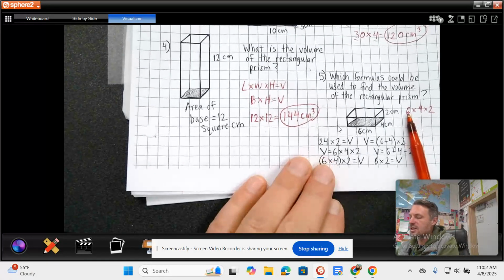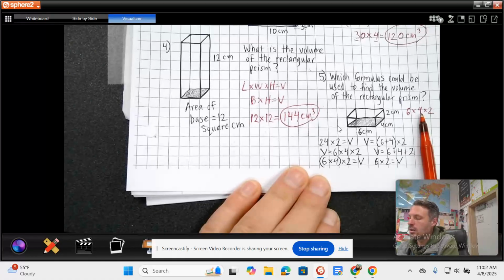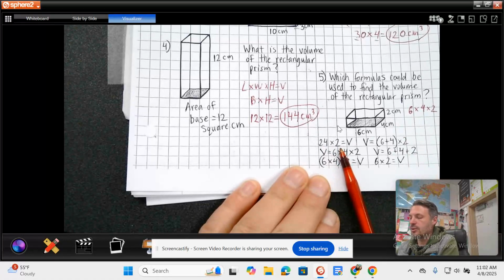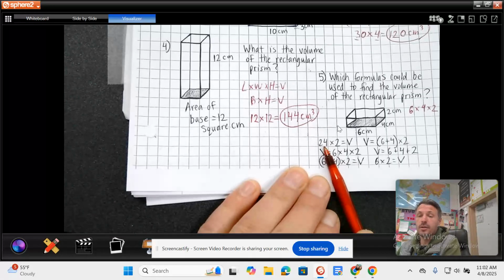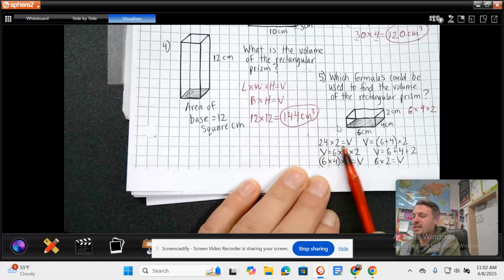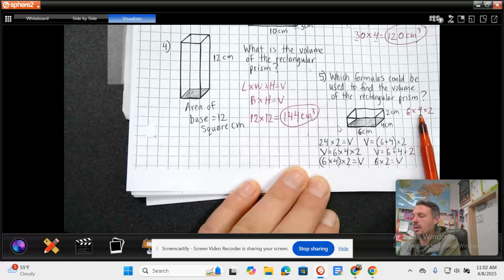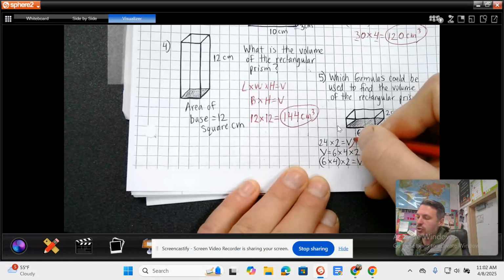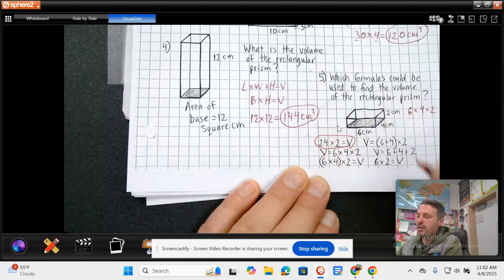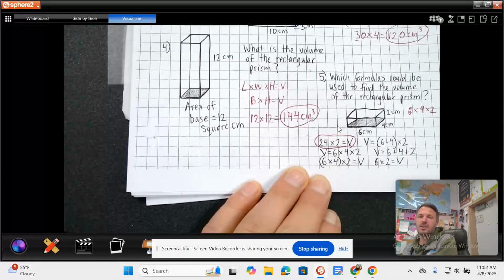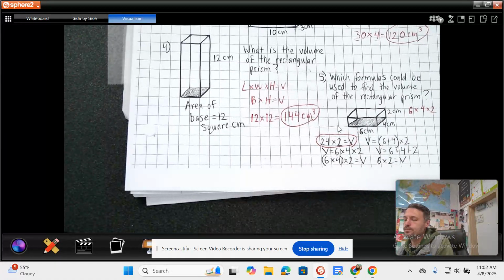Well, we know 6 times 4 is 24. And this one says 24 times 2. So would that give us the same answer? Yeah. 24 is the base. So this is base times height, which is the same as length times width times height. So we're going to circle that one. That formula would give us the same answer as 6 times 4 times 2.